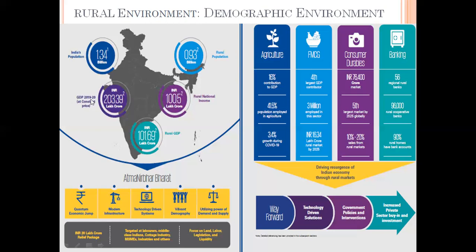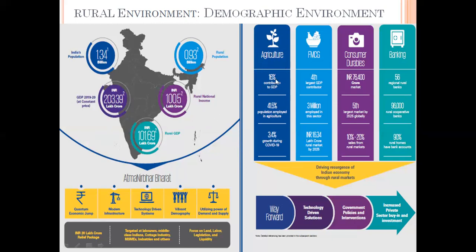And the GDP, this is the latest data, was 20.329 lakh crores, and the contribution of rural national income is 100.5 lakh crores. So you can see the economic activities of rural India and how it is contributing to population and national rural income.